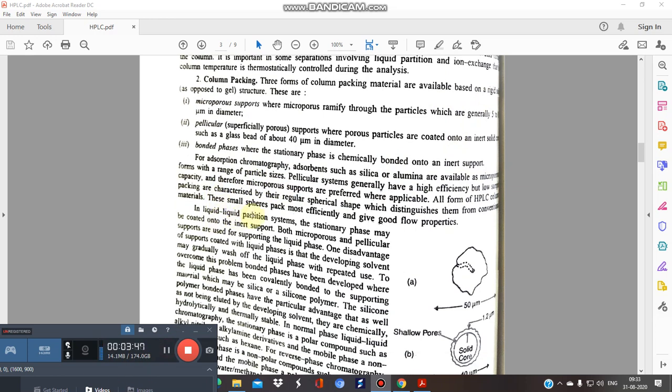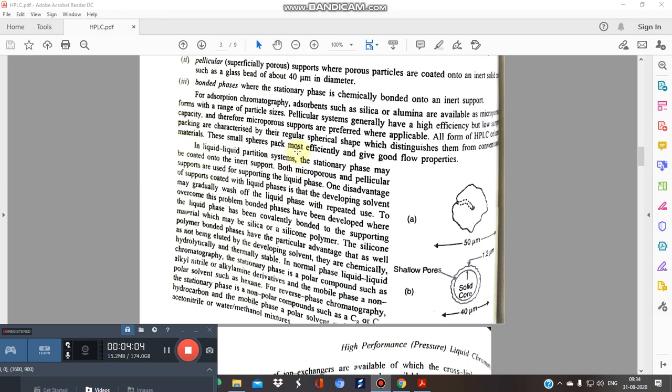Whereas in the case of a liquid-liquid partition system, the stationary phase may be coated on an inert support. So this is the principle of partition, while adsorption is the other principle used in HPLC. So HPLC includes both the principles of adsorption as well as partition.